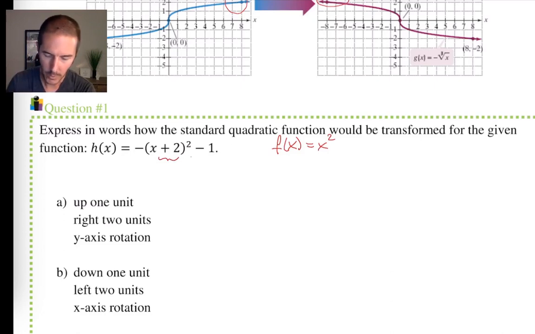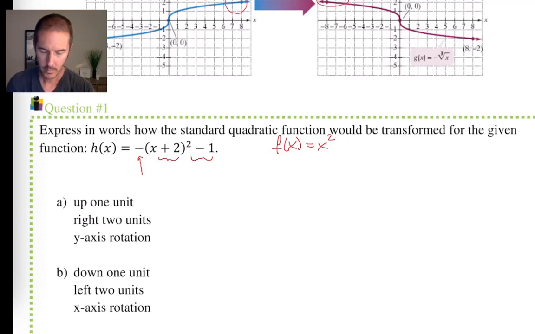There's a 1 that's being subtracted from the outside of our function. And there's been a negation of the entire function. That negative sign's appearing outside of the squaring process. So what are the graphical results of this kind of a transformation?